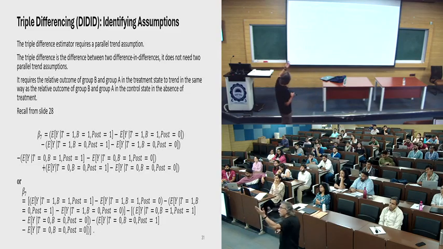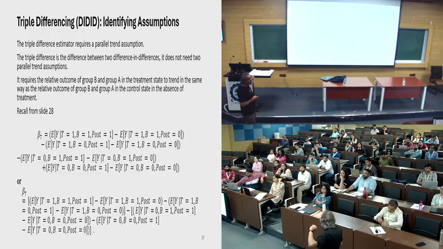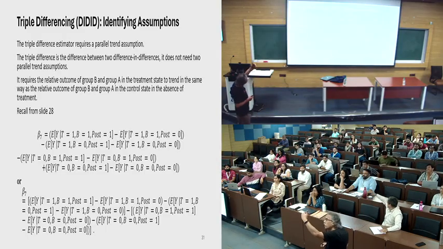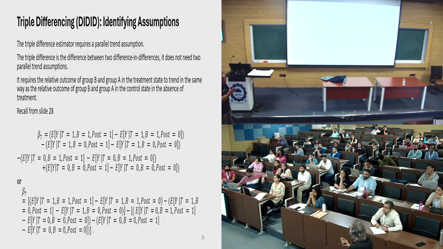So these are the identifying assumptions, and the assumption basically starts with the parallel trend. And then it goes in terms of the difference between two difference in differences. It does not need two parallel trend assumptions.